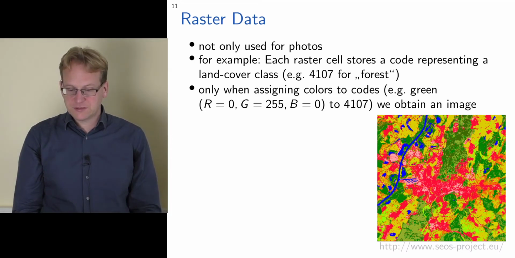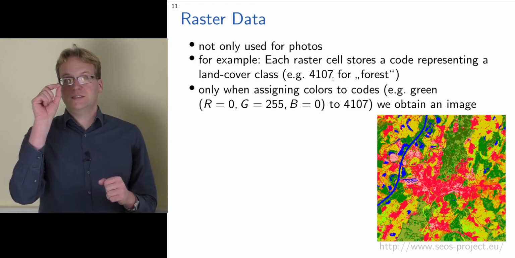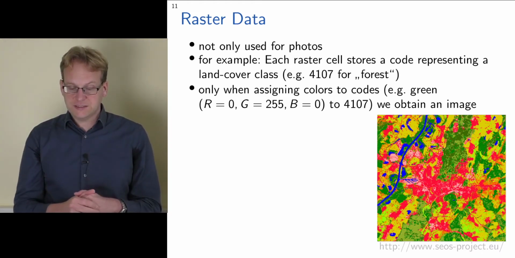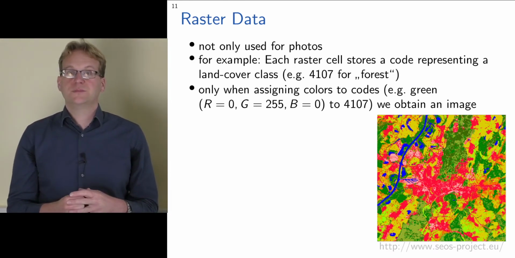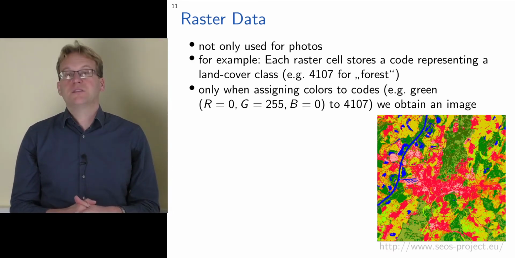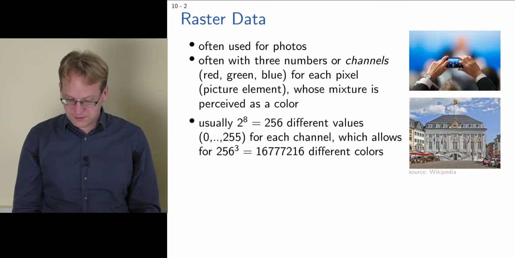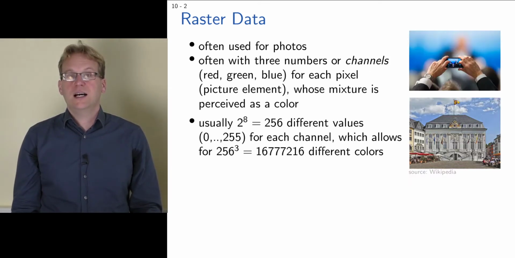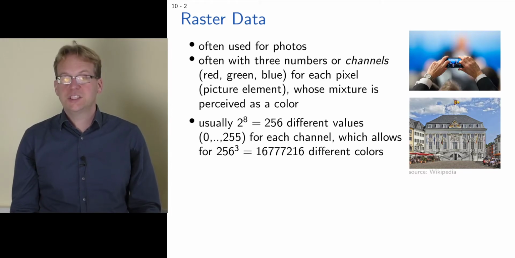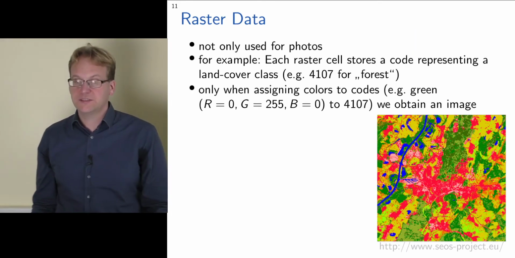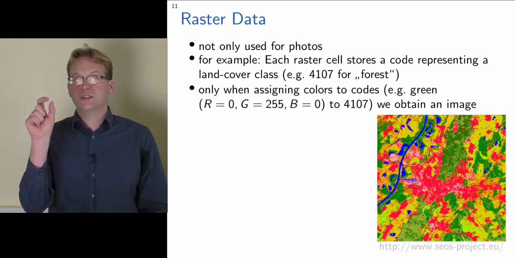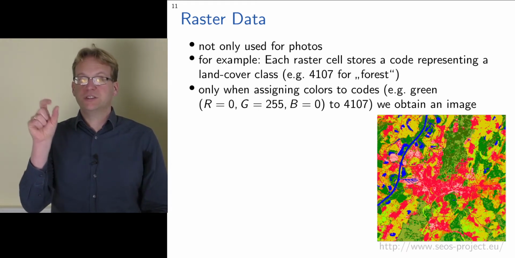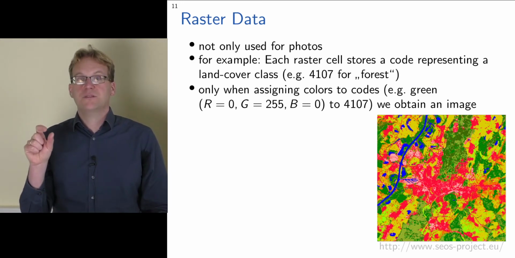For example, this code here, 4107, that would be contained as a number in this raster matrix, and that is the code in the German topographic database representing forest. So you don't have this 3-channel digital image, but on the other hand, you still have a matrix, every raster cell now contains somehow a code representing some land cover class.